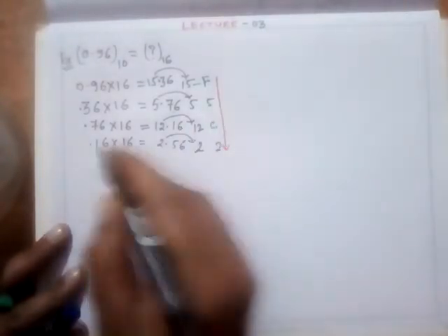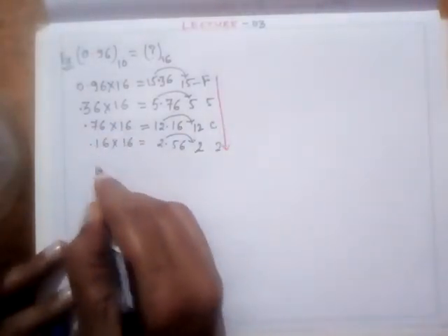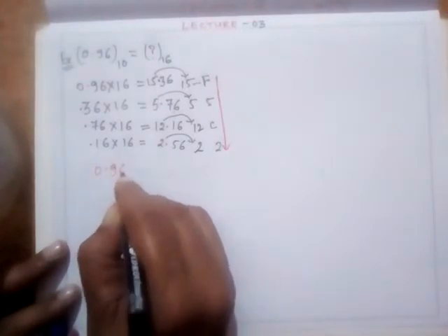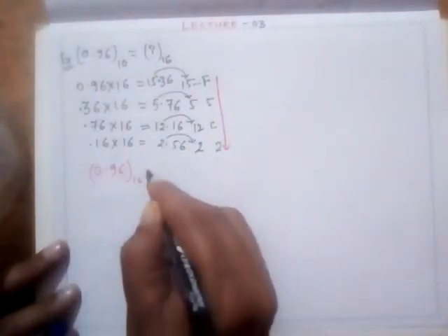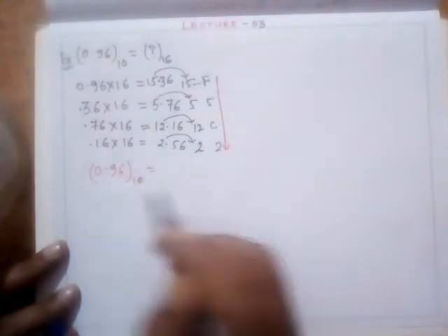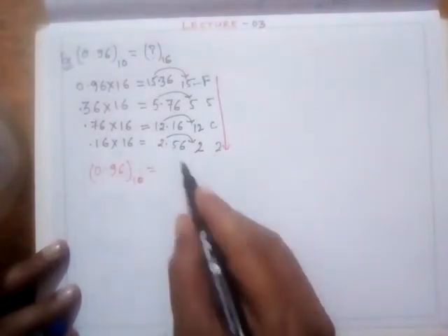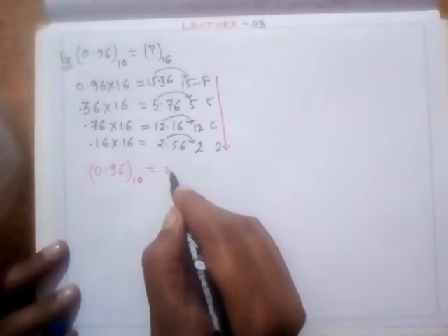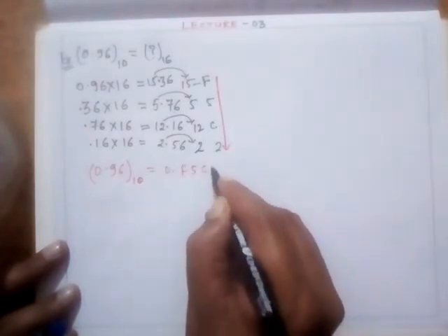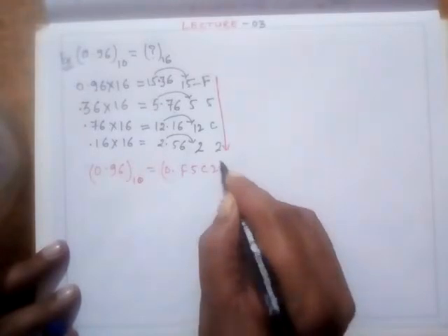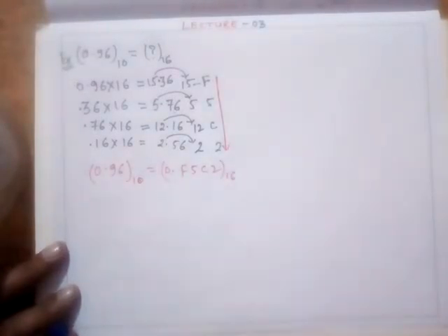So the final result is that 0.96 in base 10 is equal to 0.F5C2 in base 16. I hope that this problem is clear to you.